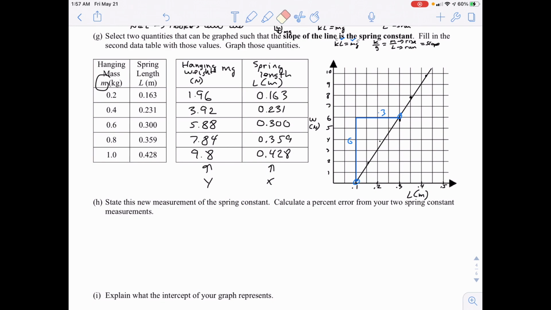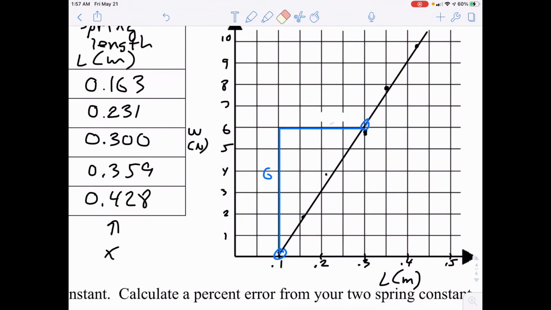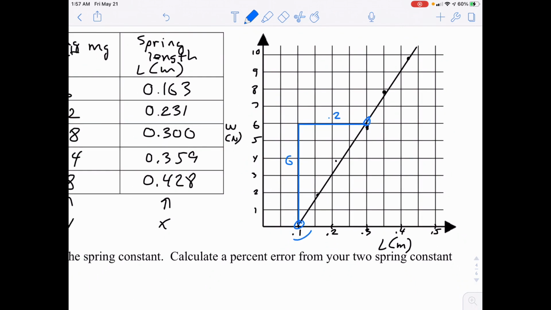No, not 0.3. Sorry. 0.2. Because we're only going from 0.1 to 0.3. Silly me. Okay.